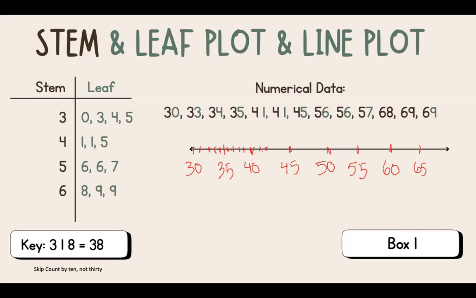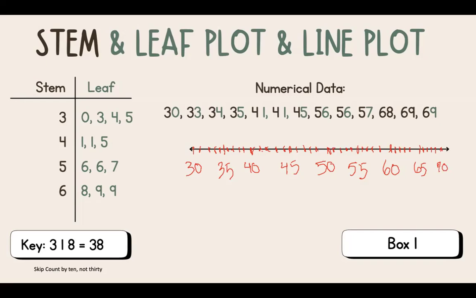So 41, 42, 43, 44, 45, 46, 47, 48, 49, 50, 51, 52, 53, 54, 55, 56, 57, 58, 59, 60, 61, 62, 63, 64, 65, 66, 67, 68, 69, and finally our last one would be 70. So let's write 70 down.